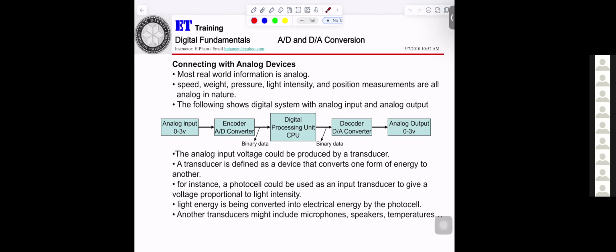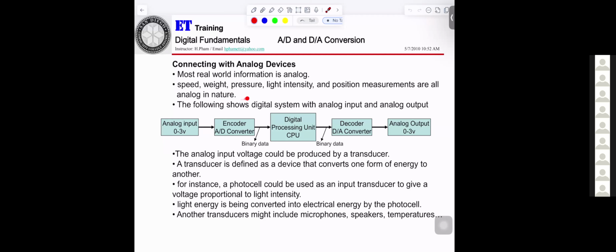You can see most of the real-world information is analog. Speed, weight, pressure, light intensity, and position measurements are all analog in nature.